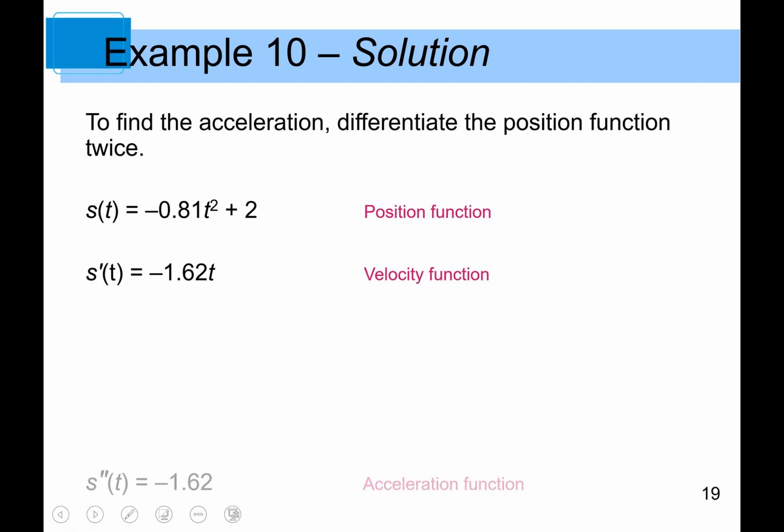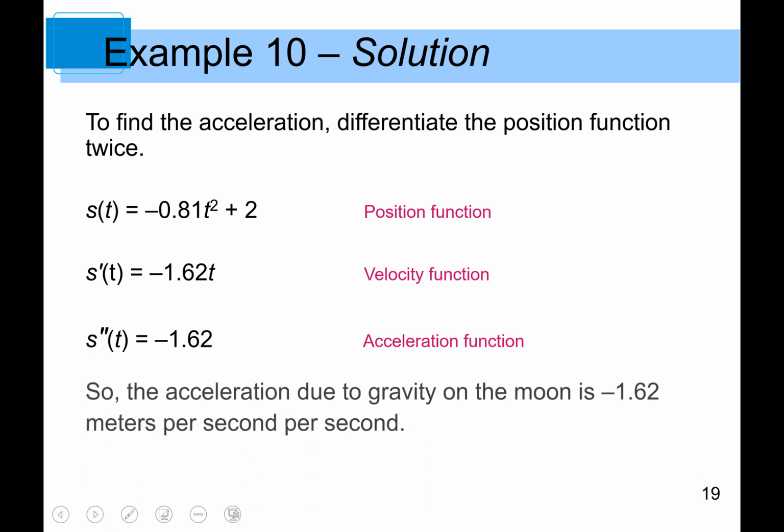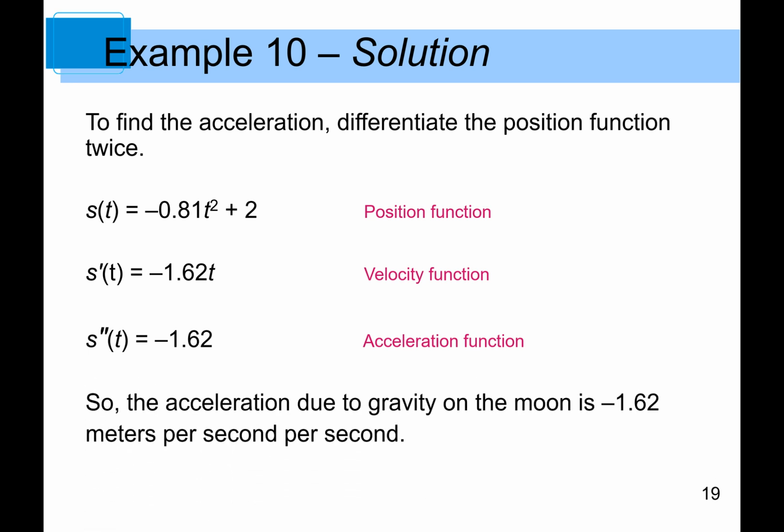Acceleration due to gravity on the moon is negative 1.62 meters per second squared.